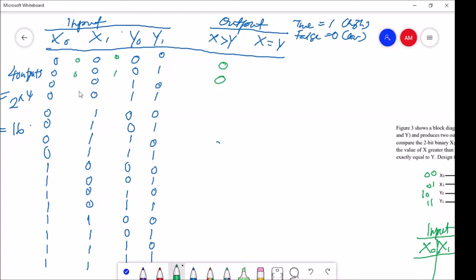I write the values in decimal so that it's easier to compare.